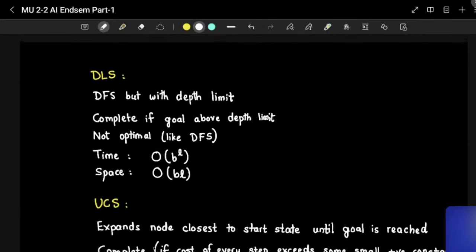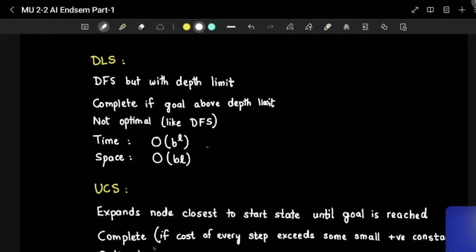In the worst case, you will start from the root node and explore until the deepest node, and its length is m. So that's why DFS's complexity is b^m. I mean, justification is not required. So instead of m here, L is there, where L is the depth limit. I didn't write that. L is the depth limit.